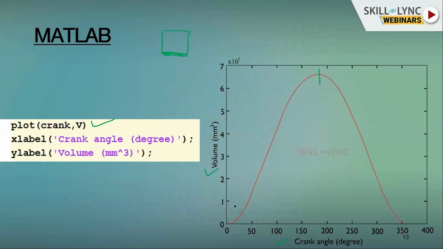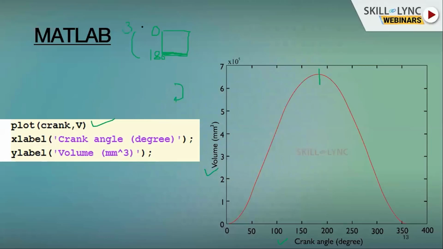So here I'm trying to say that you have plotted volume versus crank angle. 0 means your piston is at here. 180 means this position, because one revolution means from top to bottom, and then again it will go back to the top at 360.